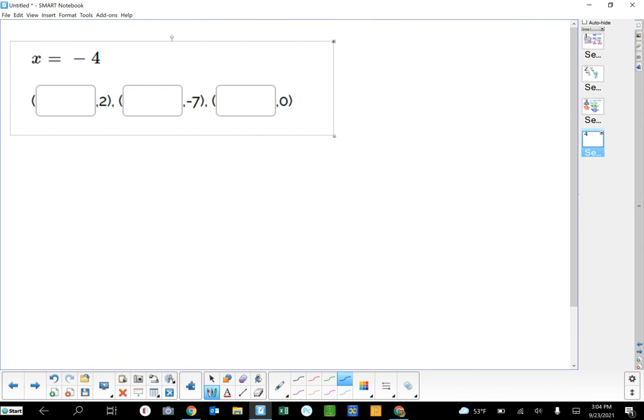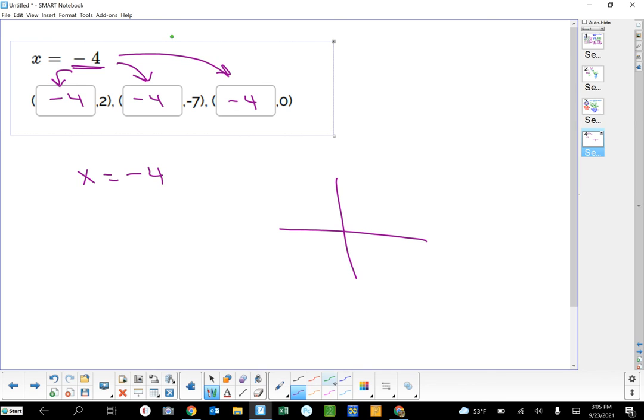All right. And then lastly, I threw this one on here because I don't want it to trick you. It's not really a trick if you think it out, but it's a little bit weird. So this one says x equals negative 4. No matter what, x equals negative 4. So when you see just one variable, x equals negative 4, that's actually the graph of a vertical line that crosses through the x-axis at that point.